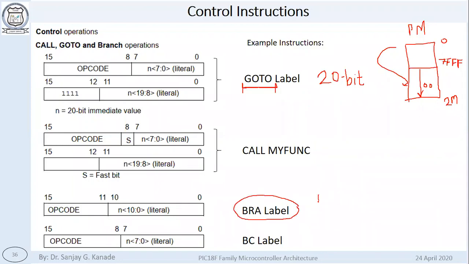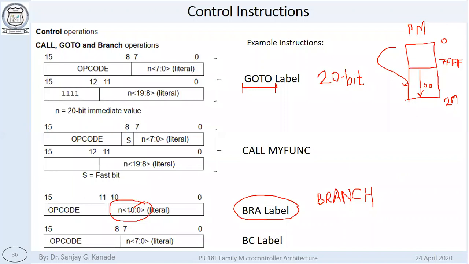BRA stands for branch. What it does is simply take the control of the program from one location to another. However, the extent of the jump is limited by 11 bits.